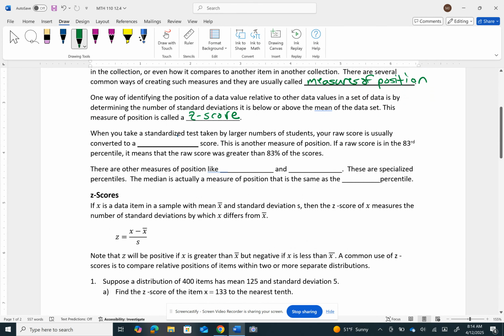You may have experienced these if you took a lot of large standardized tests through K-12. Sometimes when the score reports come back, you don't get your raw score, you get what's called a percentile score.